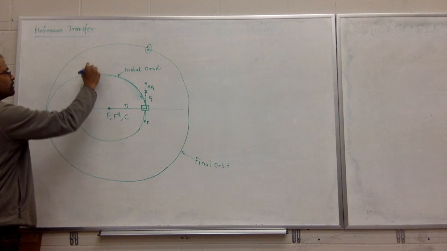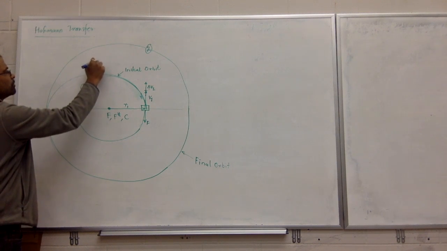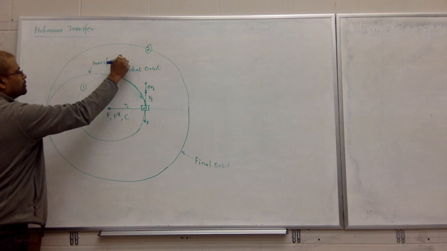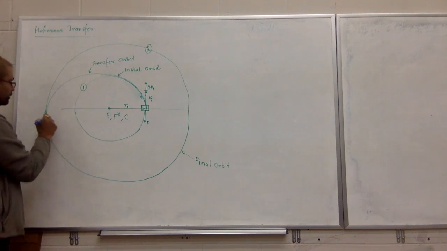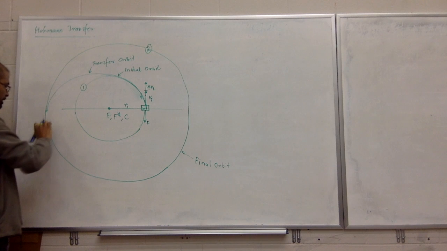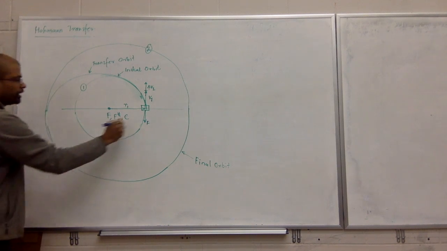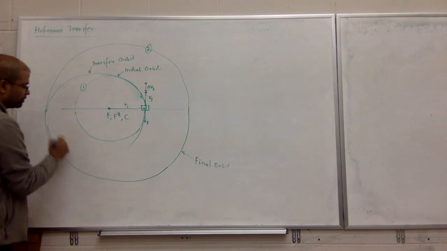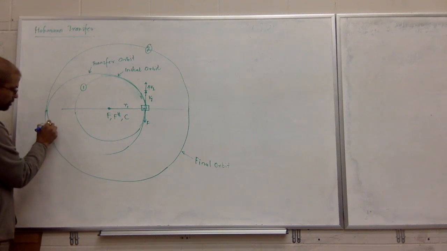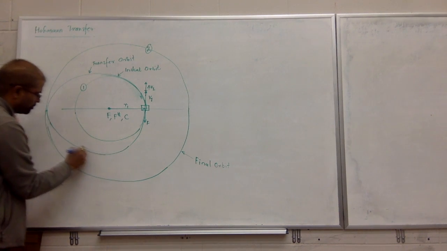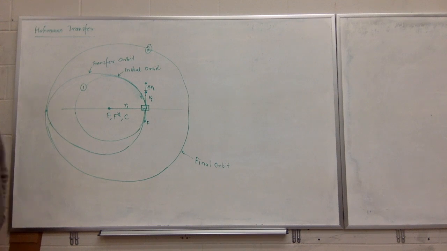This is the transfer orbit. So when the thrusters are fired there, it's going to get into this elliptical orbit. Does that make sense? Okay.